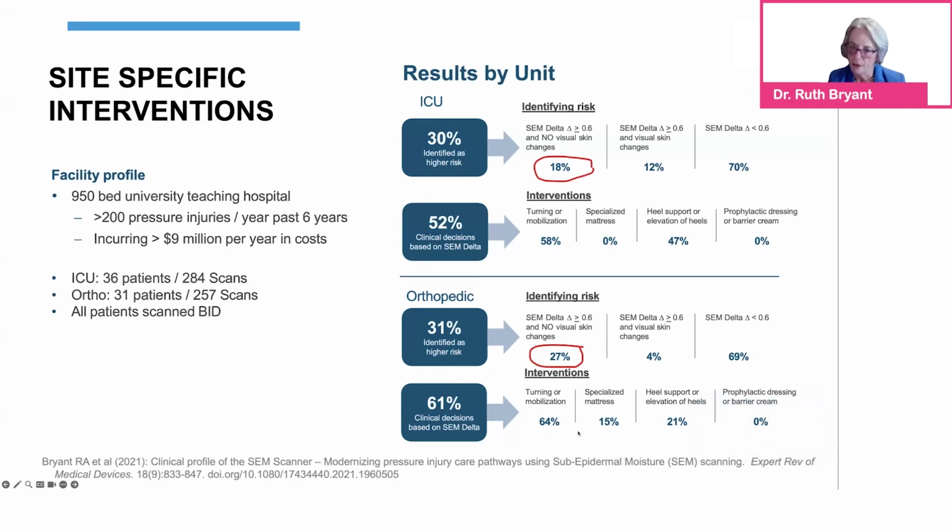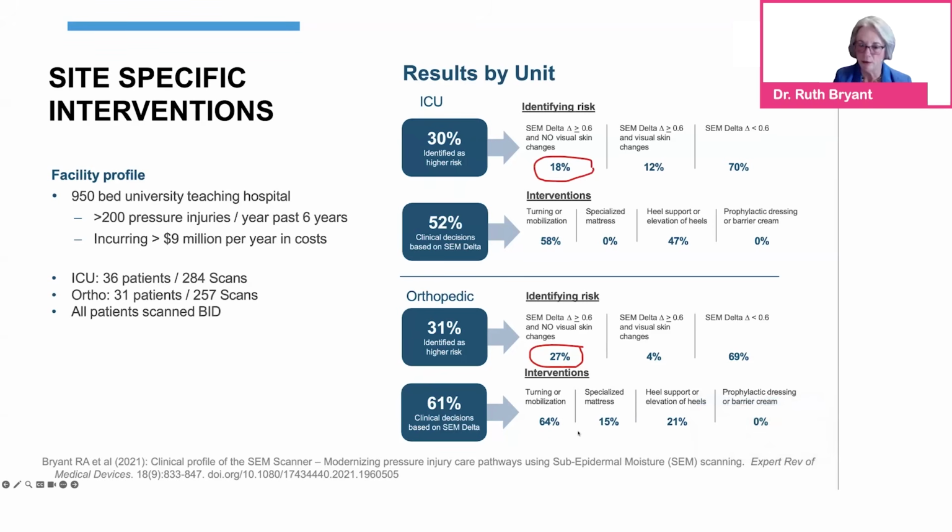In the orthopedic unit, again, they had 27% of patients who had an elevated SEM but no visual skin assessment changes, while they had 4% who had concurrent elevated SEM and visual skin changes. So a total of 31% were identified at higher risk. And what did they do for interventions?